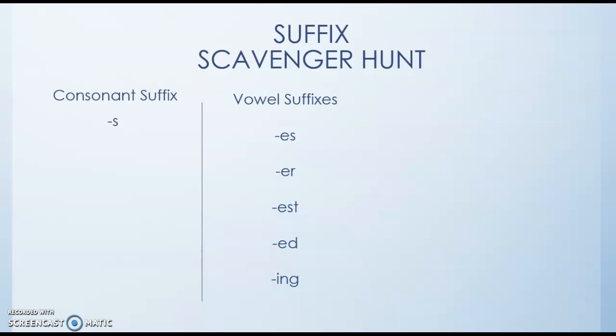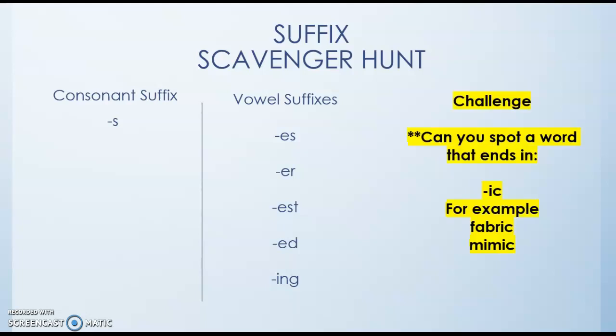And one other part to this assignment is a little bit of a challenge. We've talked a couple times this week about how when a word with more than one syllable ends in ICK, they drop the K and it just ends in IC. Words like fabric or mimic. I'm sure you could think of some right now.